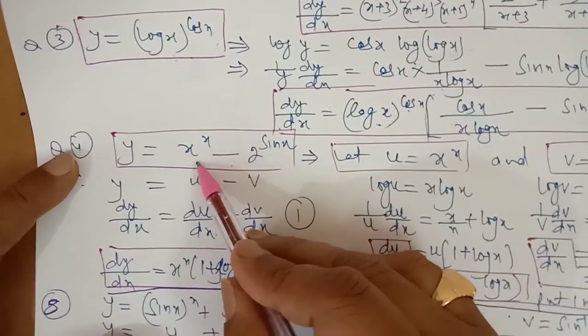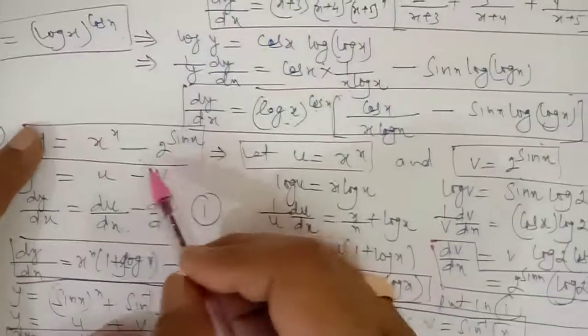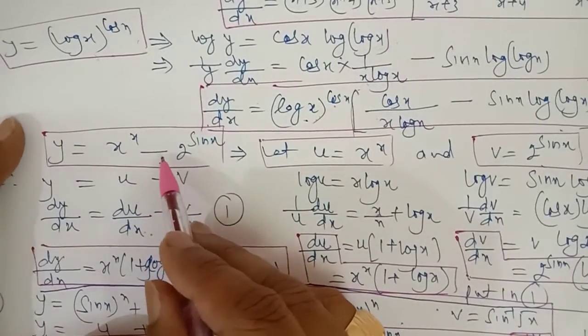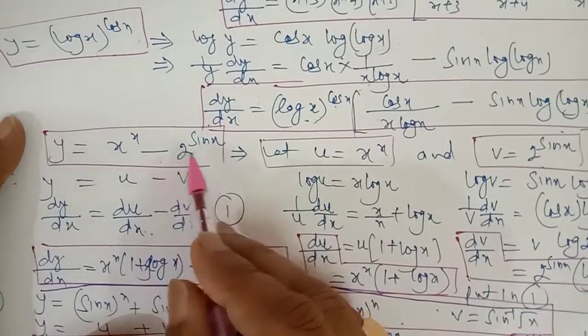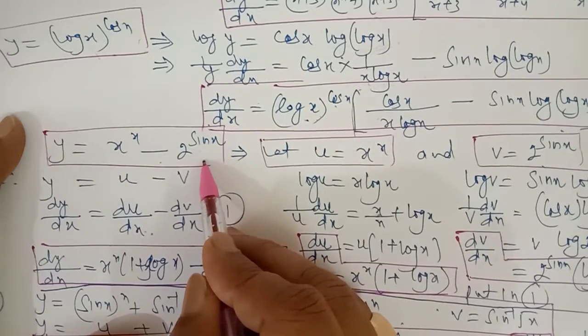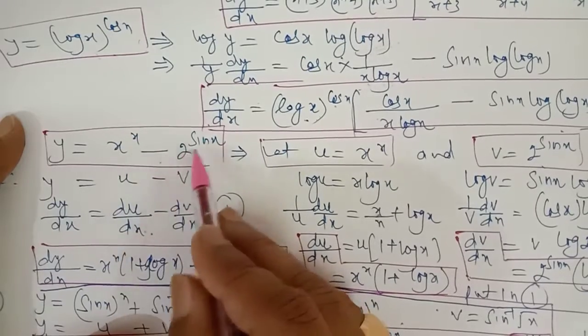You let x raised to power x is equal to u and 2 raised to power sin x is equal to v. Whenever you have to differentiate a function and we have the positive and negative sign between the functions, and the function cannot be differentiated without taking the logs, then in that case you have to differentiate individually and put their derivatives here.